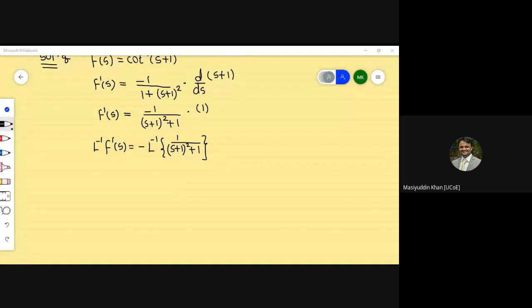Is the answer correct? e raised to minus t into sin t, or will something else come? Either you have to speak up or just write in the chat box. e raised to minus t into sin t. Is the answer proper? Okay, fine.